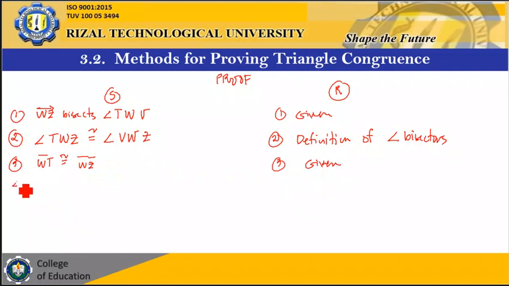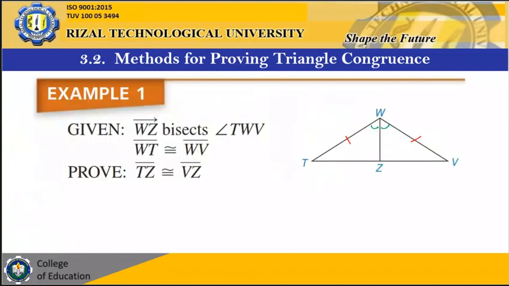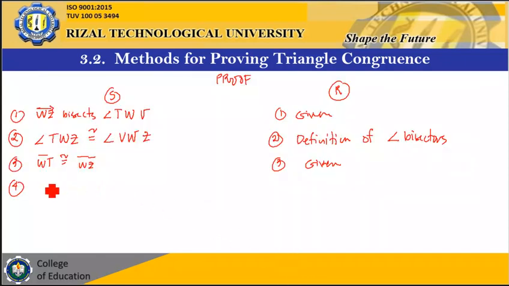Okay, so what information can we still get from our given figure? We can see that WZ is congruent to itself. We can say that WZ is congruent to WZ, and that is the reflexive property of congruency.